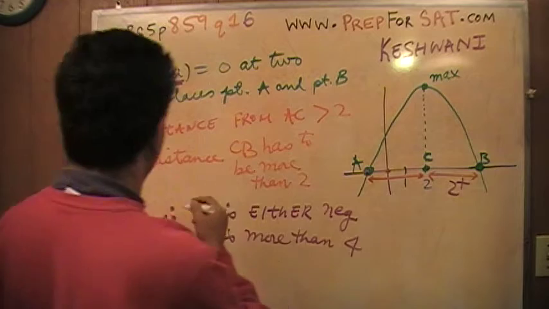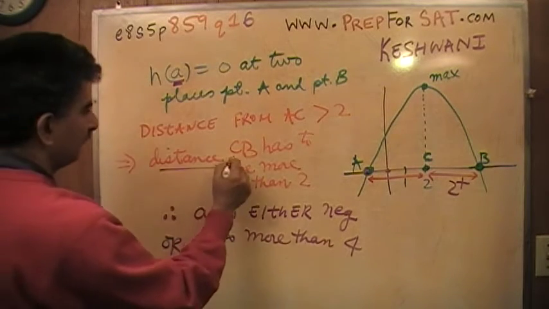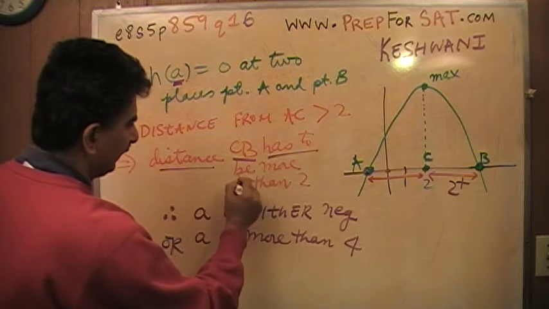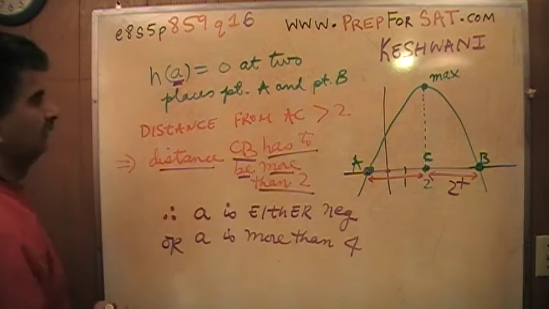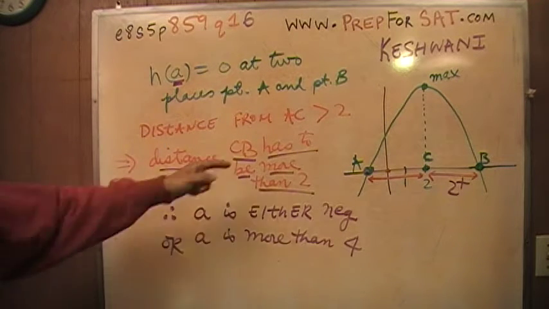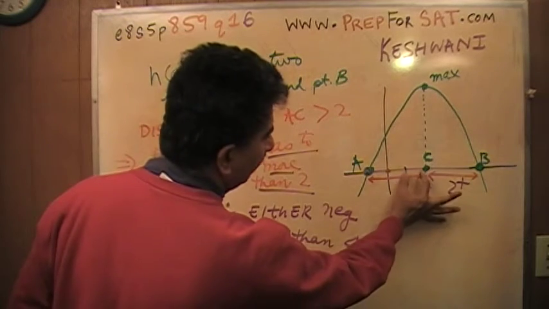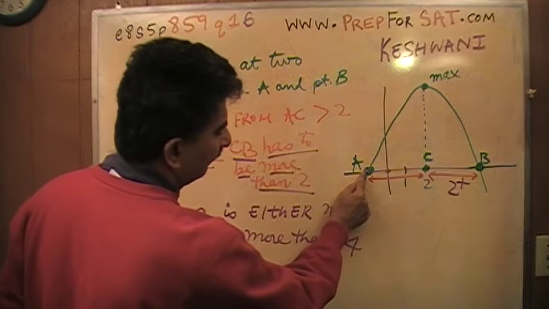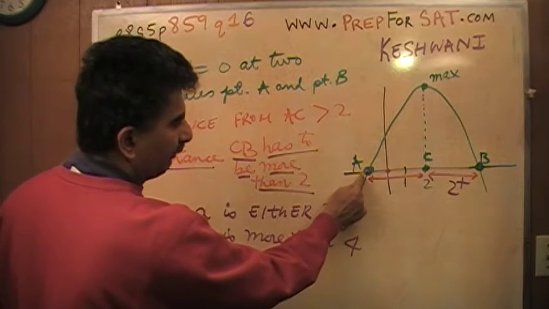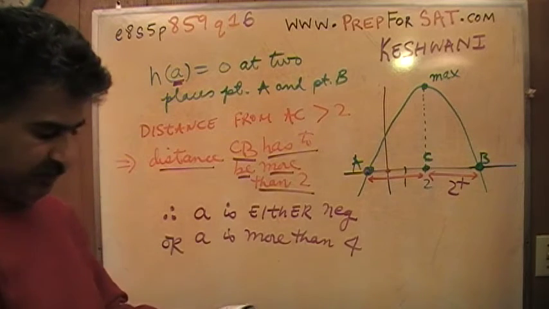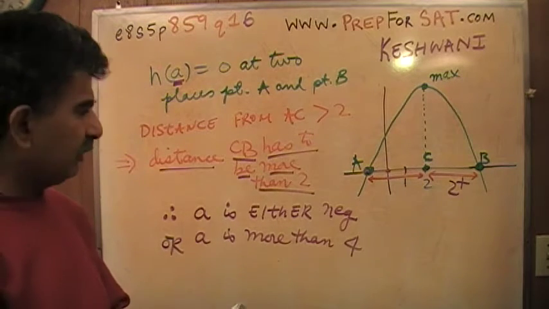B to C, as I point out here, the distance from C to B has to be more than 2, because the distance from A to C is more than 2. This is 1, and this x-intercept appears on the negative side. So those are the only two possibilities. It either has to be negative or has to be more than 4. There you go, we are done.